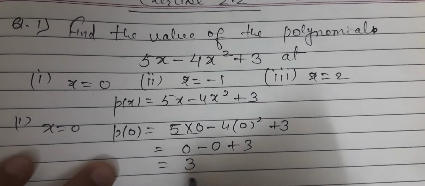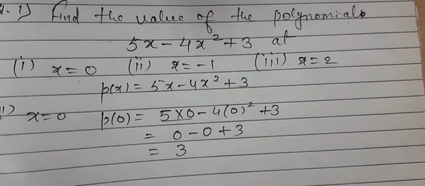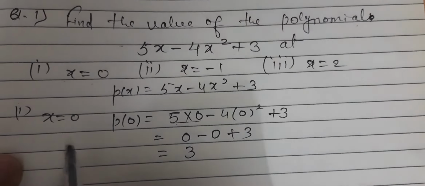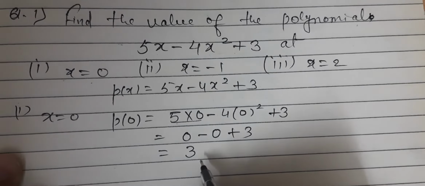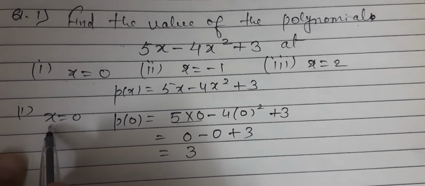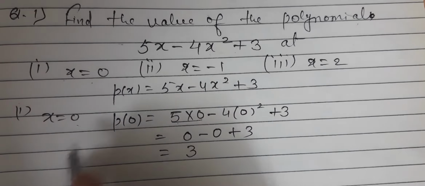So 0 plus 3 is 3. See, after putting x equals 0 we are getting 3. So this is the value of the polynomial when x is 0.